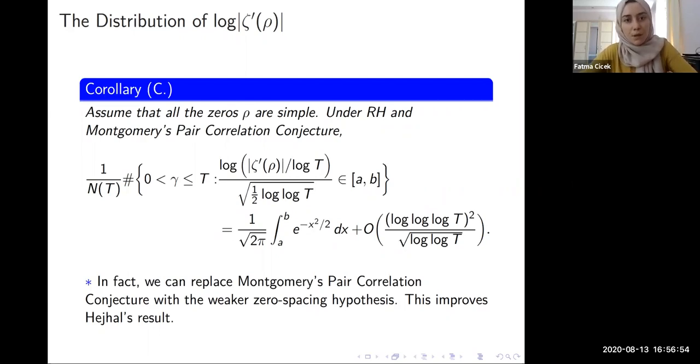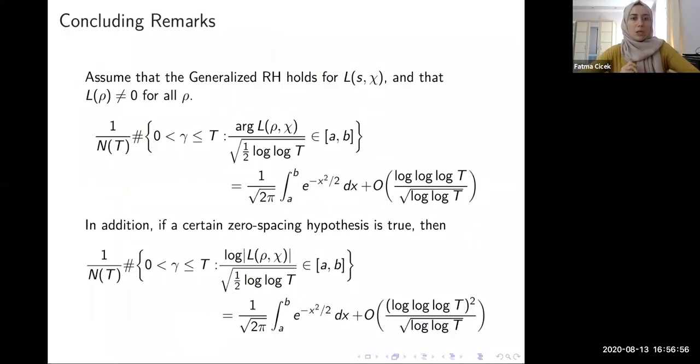Okay. And the final remark is that we can generalize these results. Usually when you have a result for the zeta function, you expect it to hold for Dirichlet L-functions, and even for more general arithmetical functions. So to have a generalization, we now assume the generalized Riemann hypothesis, so all the zeros of this L-function lie on the critical line.